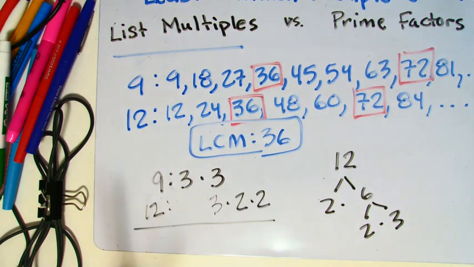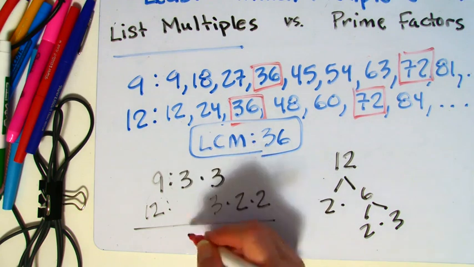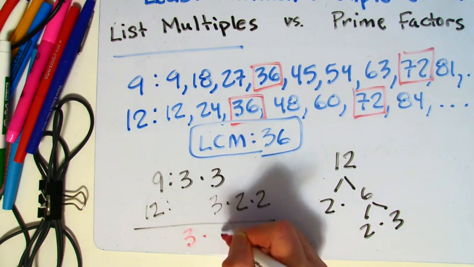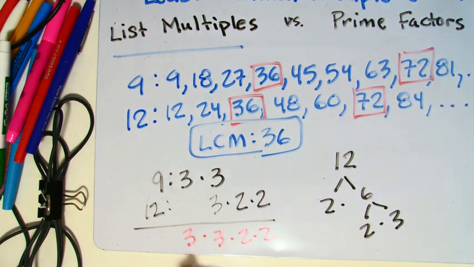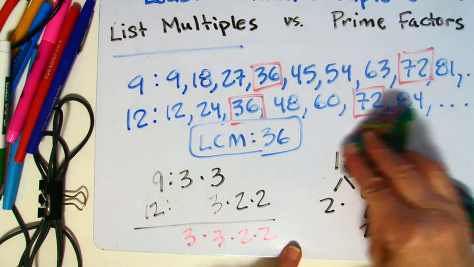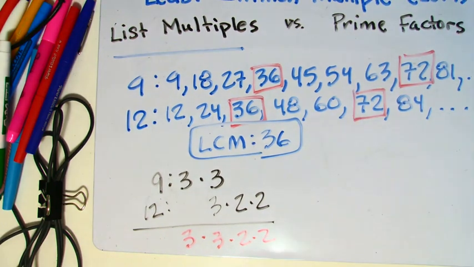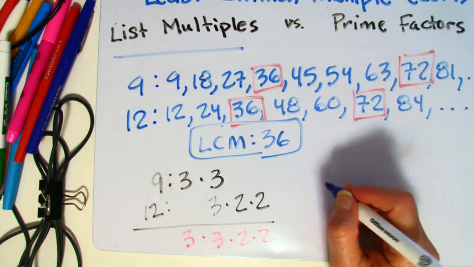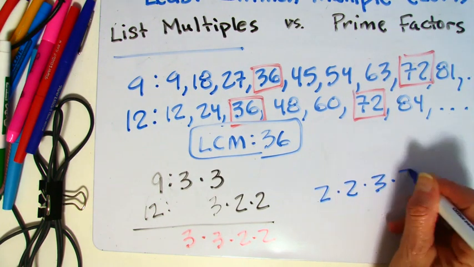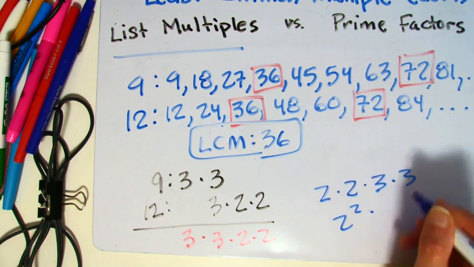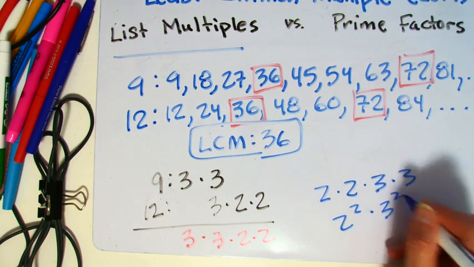Okay, so now I'm going to change pens. I'm going to just bring down each column, and it doesn't matter if my 2s are in back. If we're going to write it out in exponential form, we would start out with the lowest base number, and so we would have 2 times 2 times 3 times 3, or 2 squared times 3 squared.